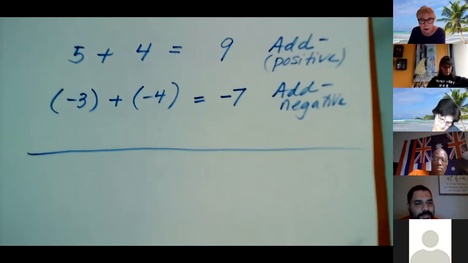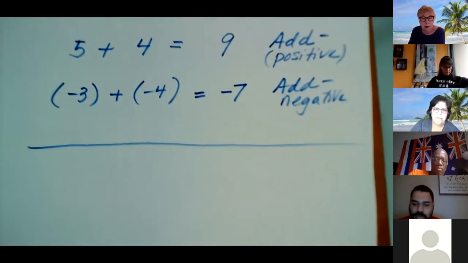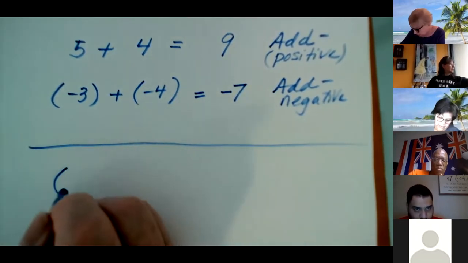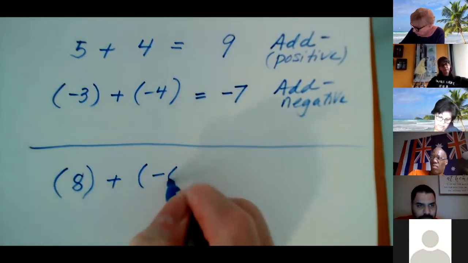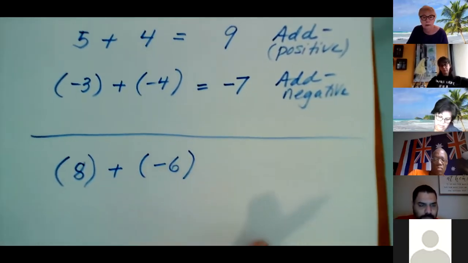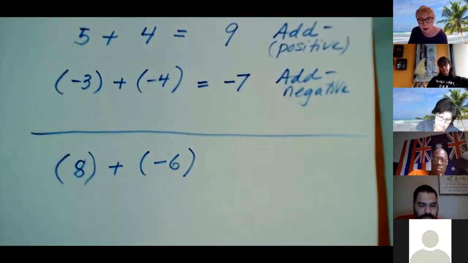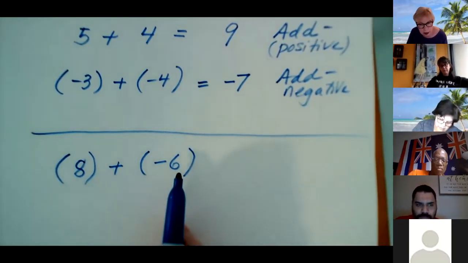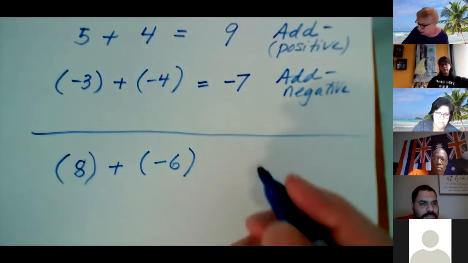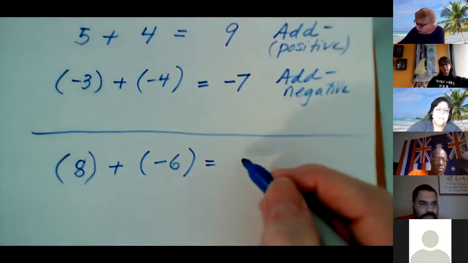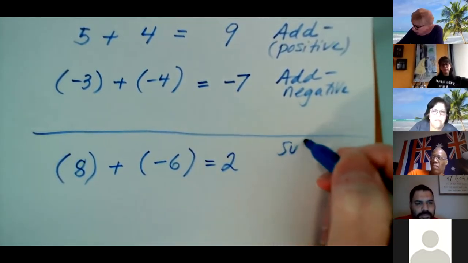Okay, as it turned out, when one of the numbers was positive and one of them was negative, and you're adding, 8 and -6. So we're going to go down from 8, 6 points. The truth of the matter is you're actually subtracting.